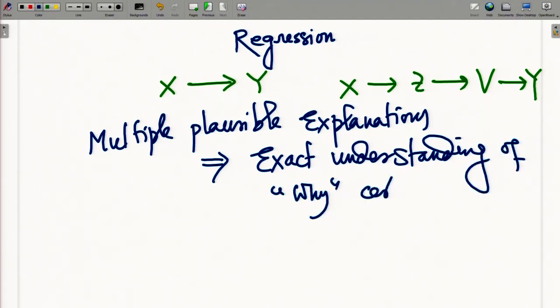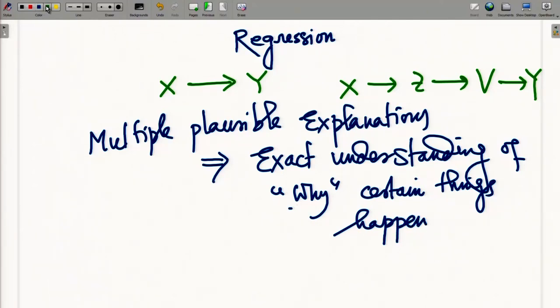You need to know exactly why certain things happen. And this is essentially the crux of causal thinking.